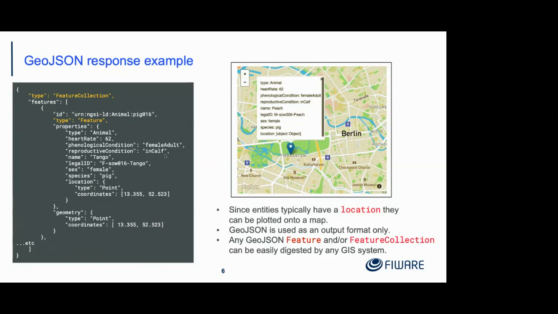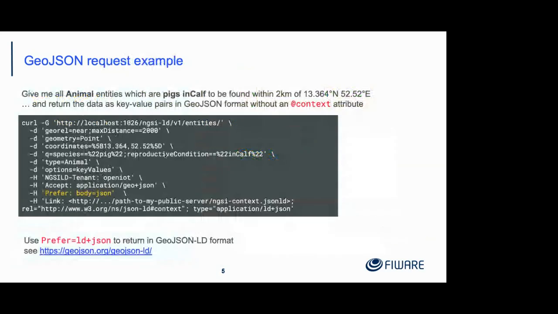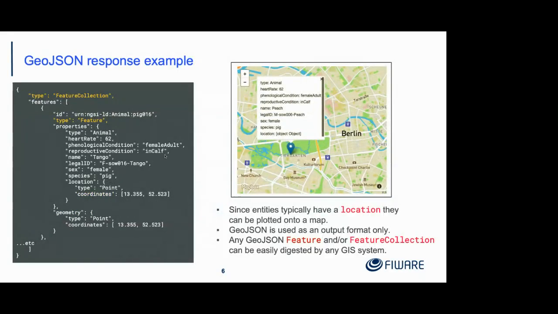A feature is defined as a series of properties and a geometry, because that's the way that GeoJSON works. And you can see in this particular case, I've just got key values in my properties. That's what the options key values does in a feature collection.